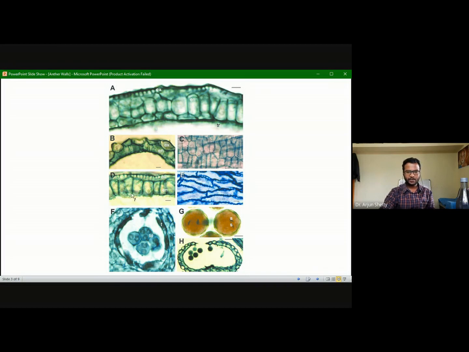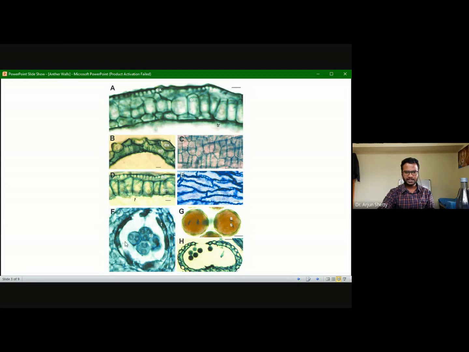As microsporogenesis proceeds, you can see the shrinkage of the endothecium when you compare the first and the second. Finally you arrive at a pollen grain with two nuclei, and we'll talk about pollen development in my next class.